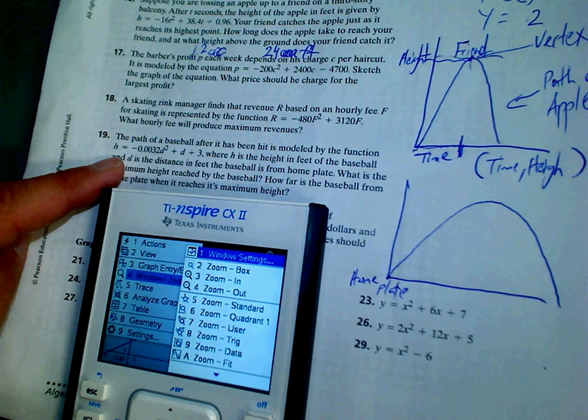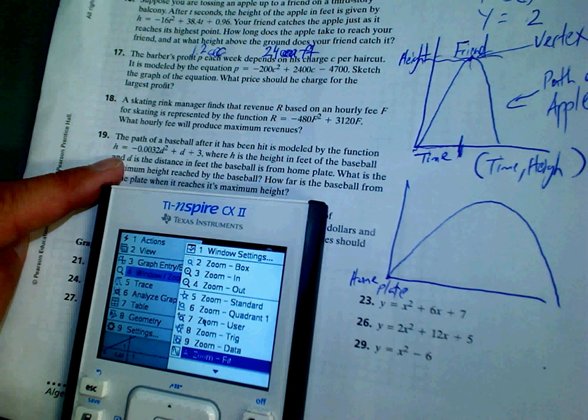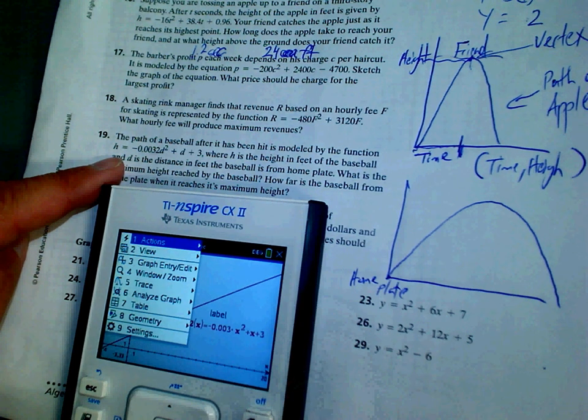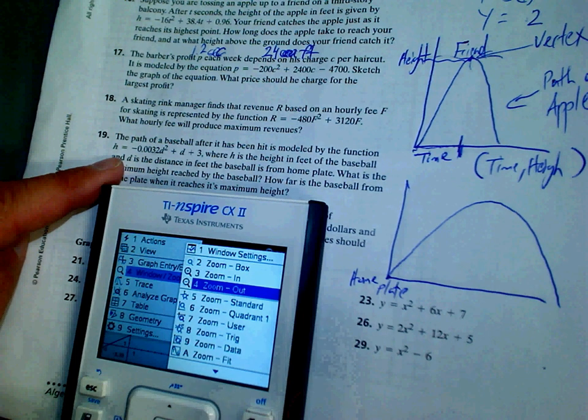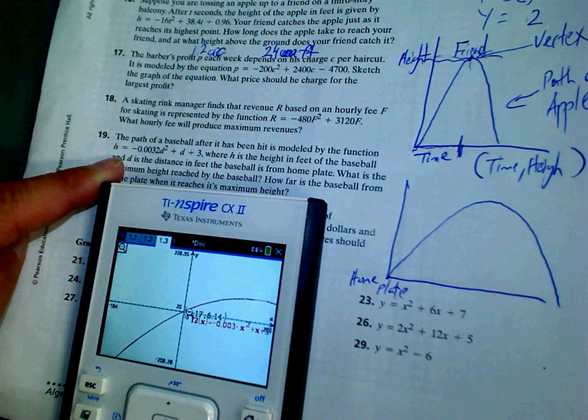I'm going to go zoom fit. That didn't help. Menu. 4. Zoom out. Let's try that. Keep zooming out. Keep zooming out. Keep zooming out. All right. Now I see it. There's the path.